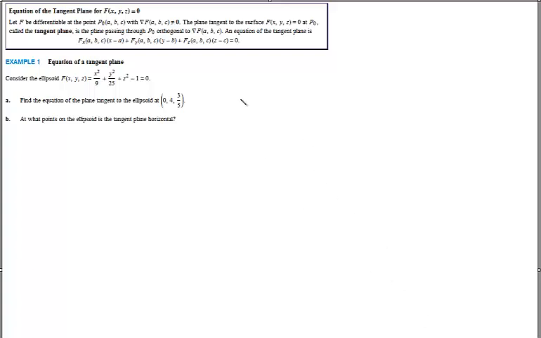Here's my function. I need to find the partial with respect to x, and everything else is going to be treated as a constant. So this is going to be 2x over 9. F with respect to y is going to be 2y over 25. F with respect to z is going to just be 2z.